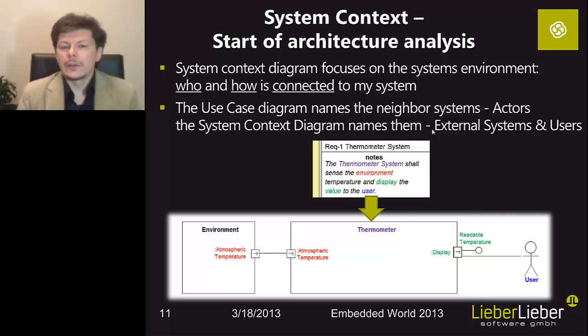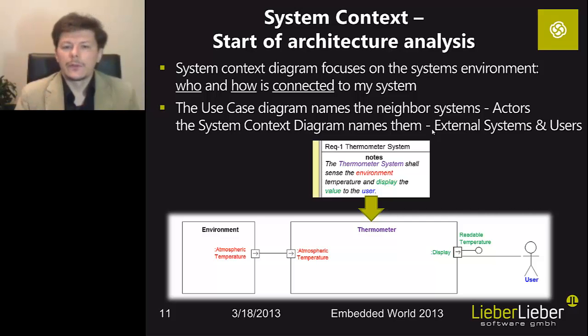The system context diagram is the entry point into architectural analysis. The system context diagram focuses on the system environment and answers the question who and how is connected to my system.